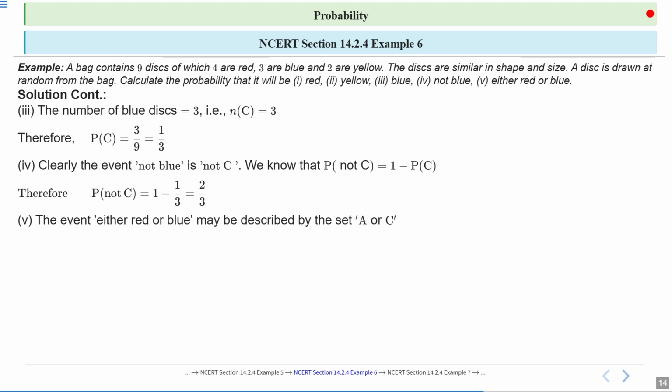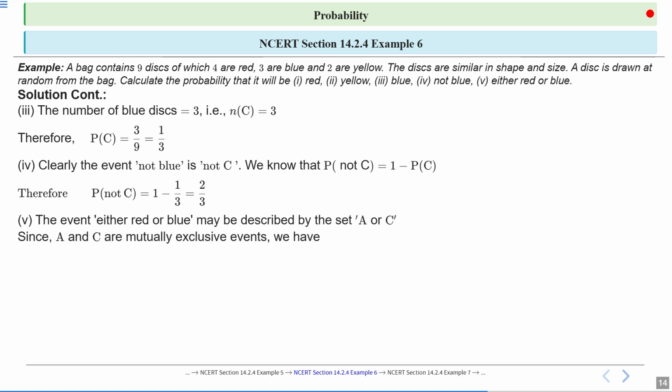And now the event either red or blue may be described by the set A or C, that is also denoted as A union C. We already know how we can find the probability of A or C. Since A and C are mutually exclusive events, why?